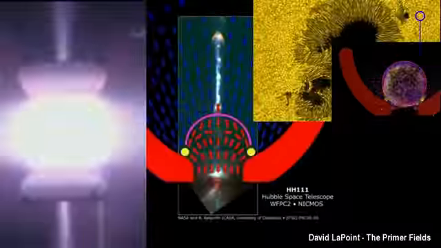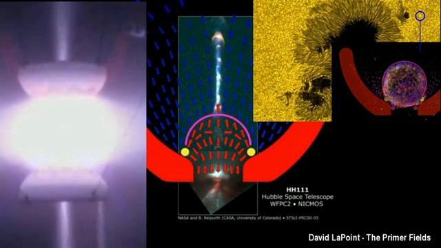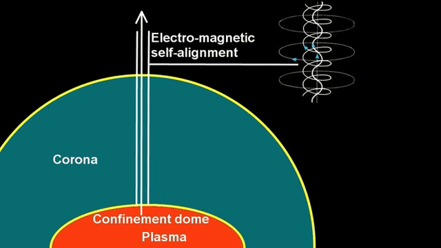The solar wind originates in the confinement domes of the fusion reaction cells on the surface of the sun. When the magnetic barrier is breached, the escaping wind particles form a plasma jet. The plasma jet tunnels through the corona in electromagnetically self-confined streams similar to Birkeland currents.